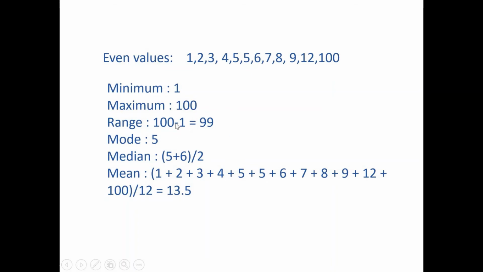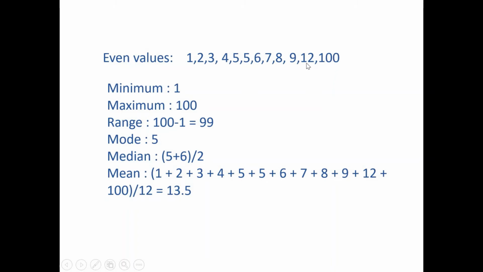What is mode? Mode is the maximum occurring value, right? So out of all of these values, if you see 5 is the only value which is occurring more number of times, so it will be 5. What is median? Median is the middle value. So 1, 2, 3, 4, 5, 6.